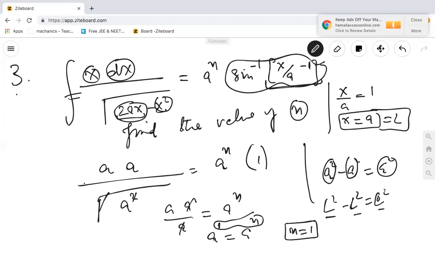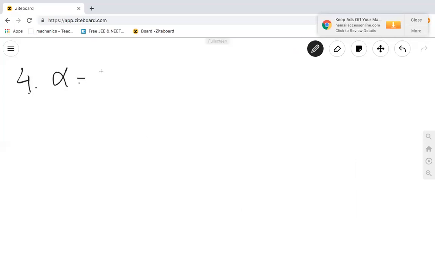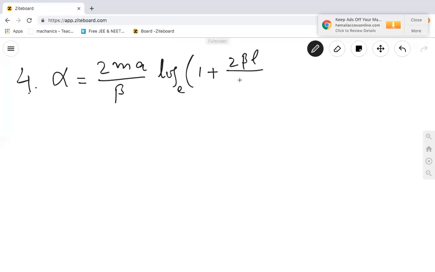Okay, I will solve your question also on this so that you understand better. Let me first solve these questions and then finally I will solve your additional questions. Fourth question. Alpha is equal to 2m a by beta, log to the base a of 1 plus 2 beta L by MA.